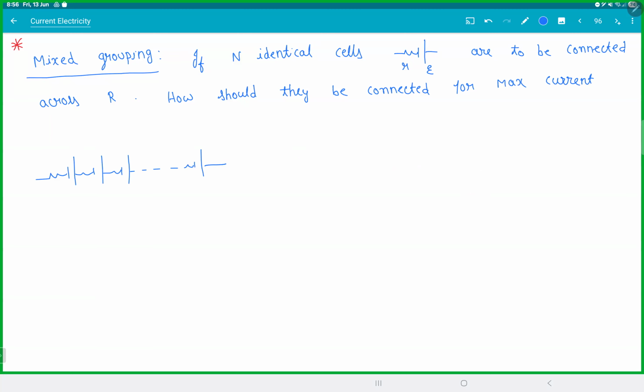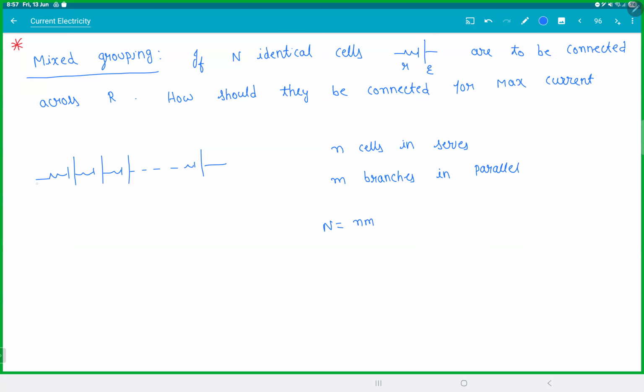let's say you keep n cells in series, and like this, you create m branches in parallel. Again, we're assuming it will be symmetrical. And the total number of batteries will be n into m.